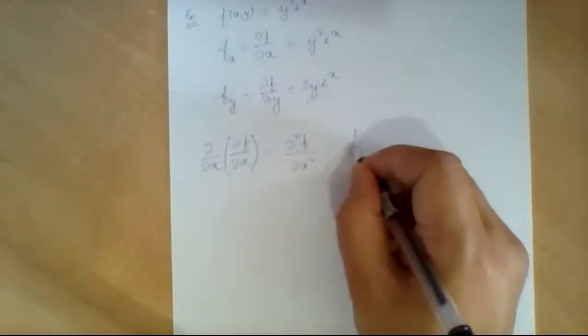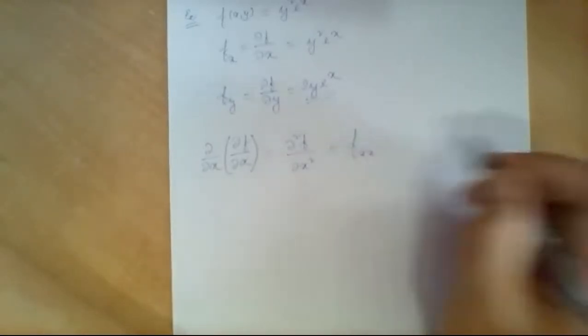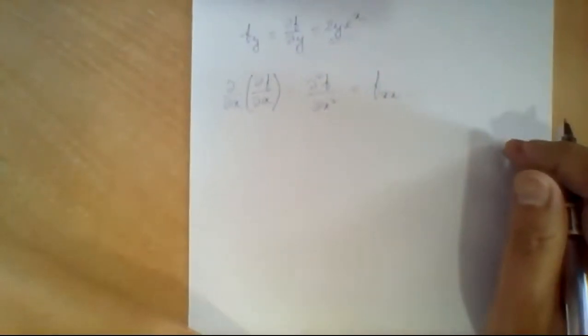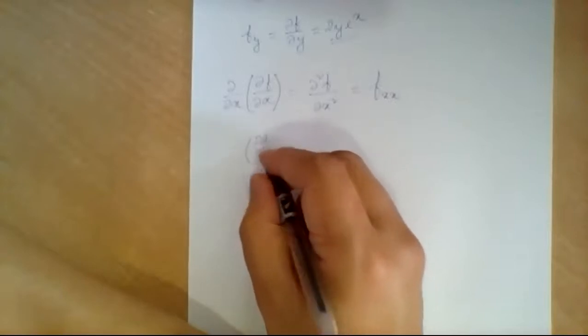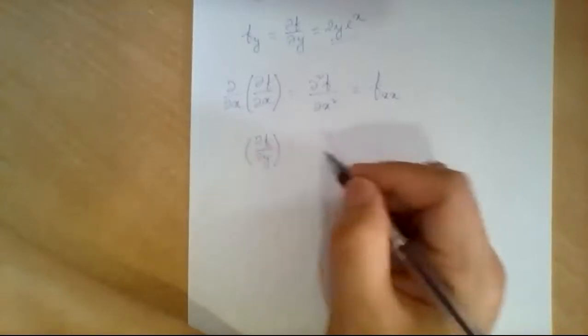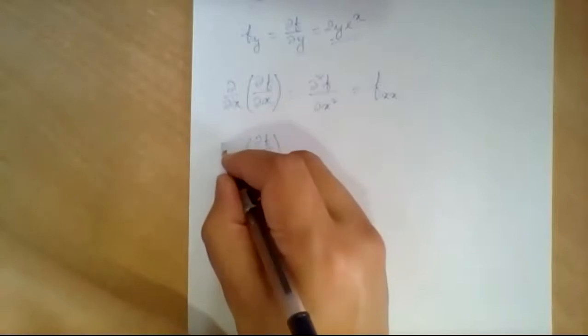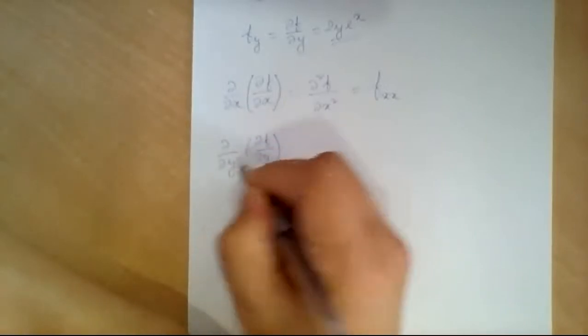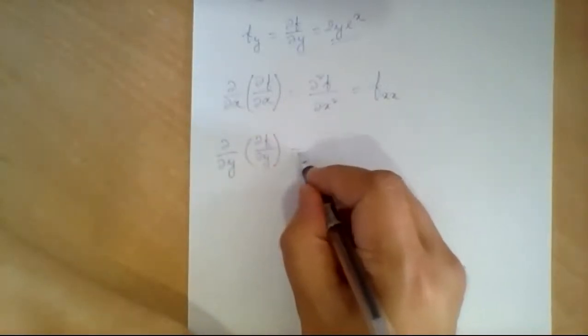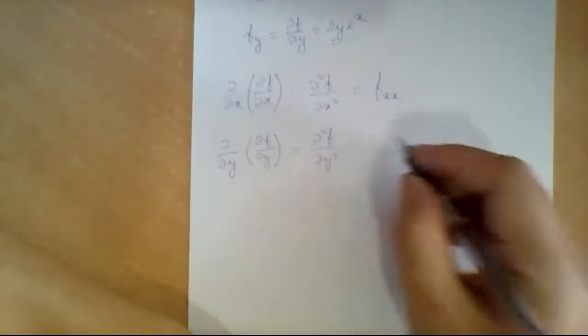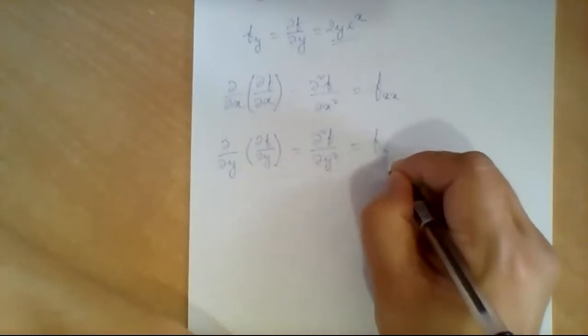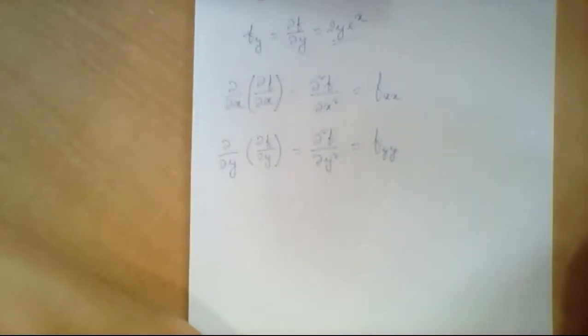And this can also be written as f subscript xx. Similarly, the partial derivative del f by del y, I can differentiate again with respect to y, and we get del 2f by del y square, or in short f subscript yy.